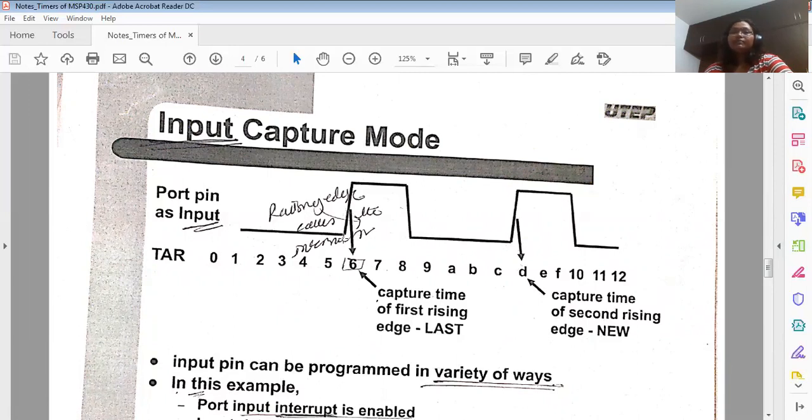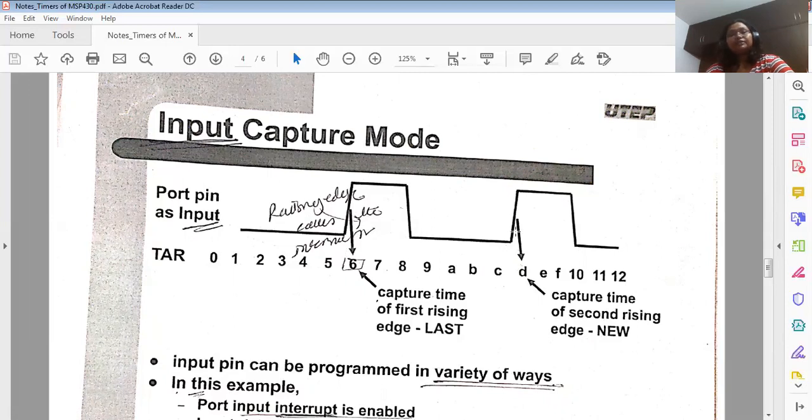When the input signal has a rising edge at this place, this event is detected and the value of the TAR register, here it is 6, is copied into the CCR. Again, the same event occurs here, and this value is again copied into the CCR. Now you can find the frequency of this signal by subtracting the value of the old CCR from the new CCR.